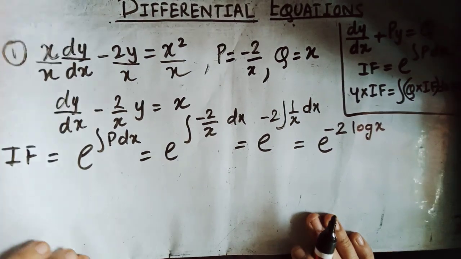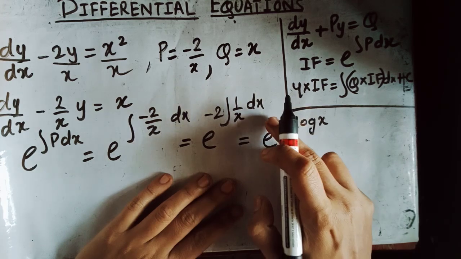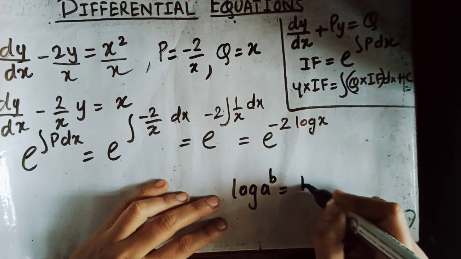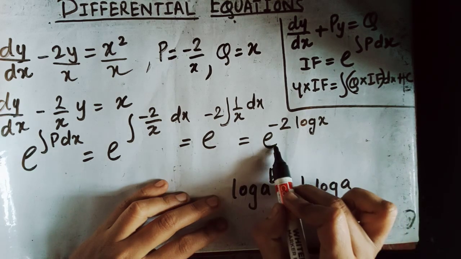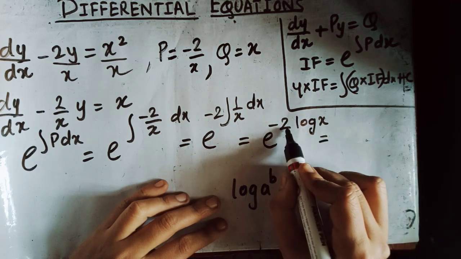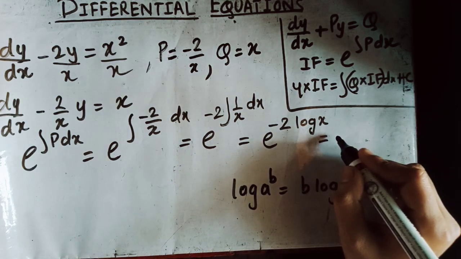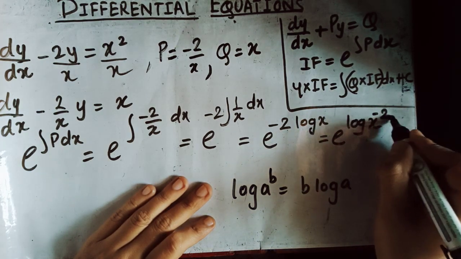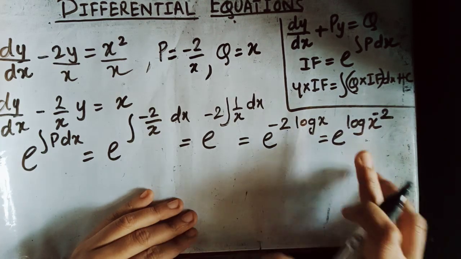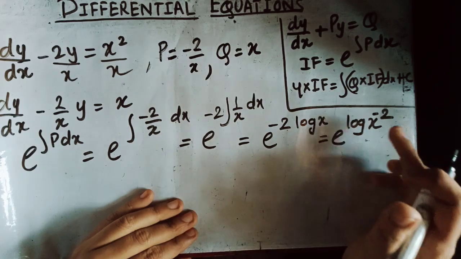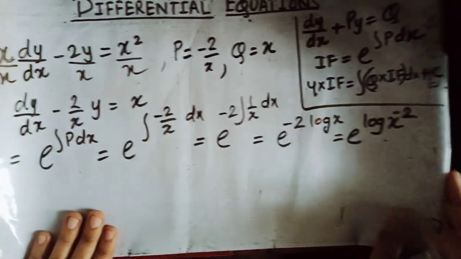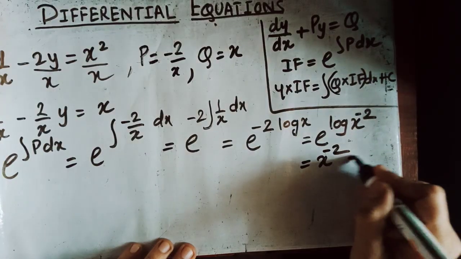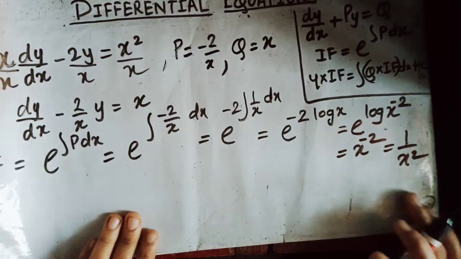This minus 2, you can write it using log of a raised to b equals b log a, so it is e raised to log x raised to minus 2. So e and log cancel, and you will get x raised to minus 2, which is 1 upon x square. This is your integrating factor.